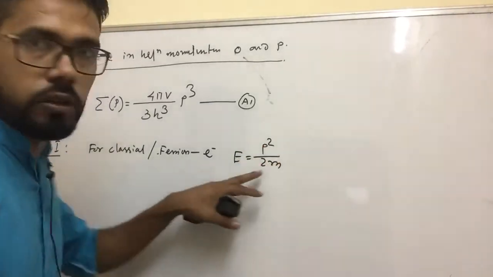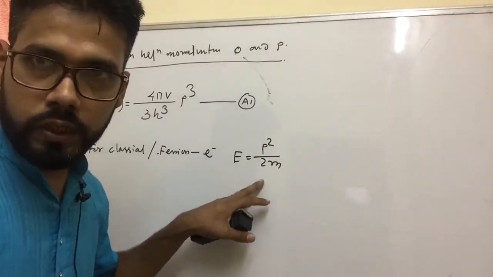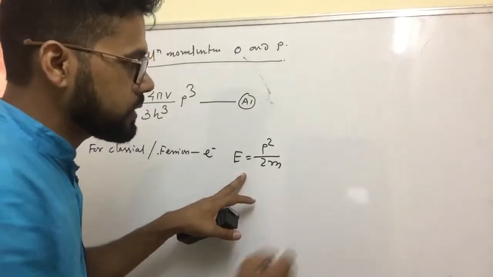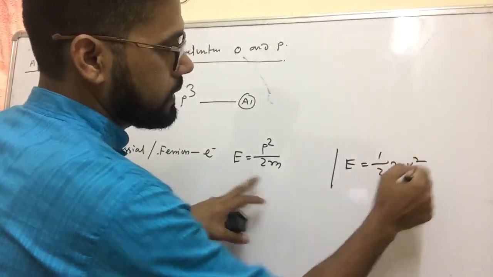This is why it is called a classical particle, because we have not incorporated the relativistic correction. This is a simple equation, E equal to half mv square, derived from here.